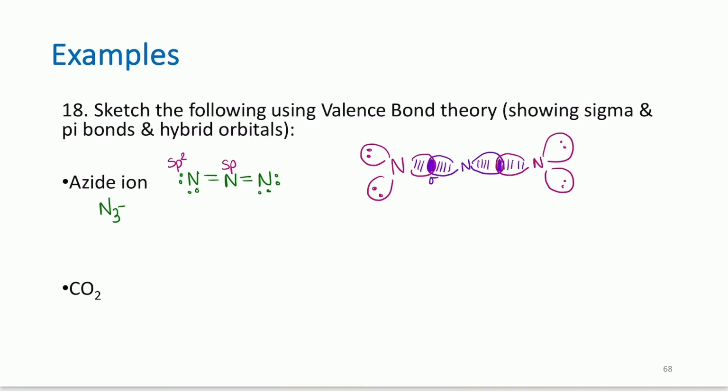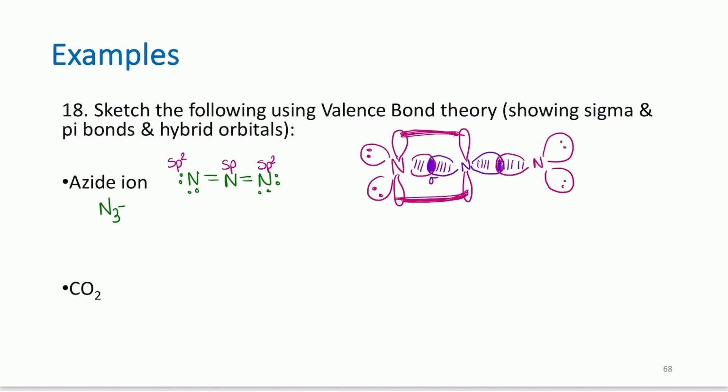But of course that can't be it, because we also have our p's. So this is also sp2. We have our pi bonds. This nitrogen has an unhybridized p orbital, as does this nitrogen. And these are going to overlap. This is above and below that internuclear axis.